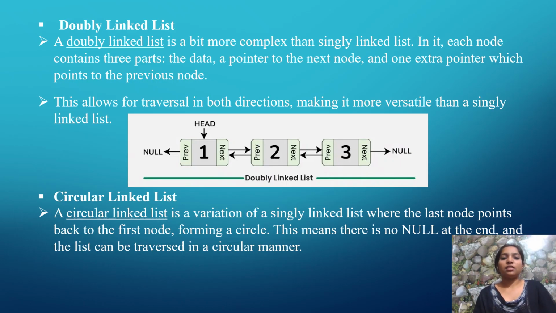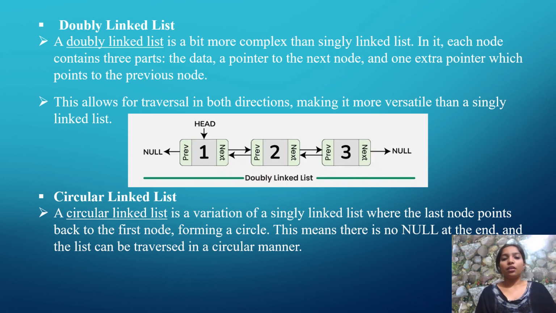Next one is double linked list. A double linked list is a bit more complex than a single linked list. Here each node has three parts instead of two. The parts are data, a pointer to the next node, and an extra pointer for the previous node.